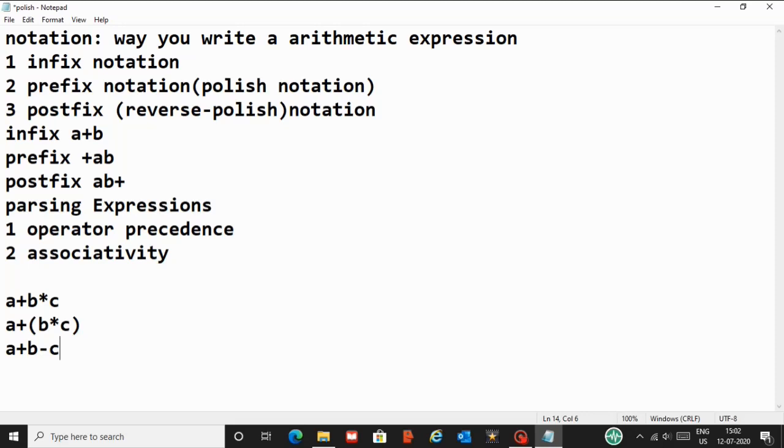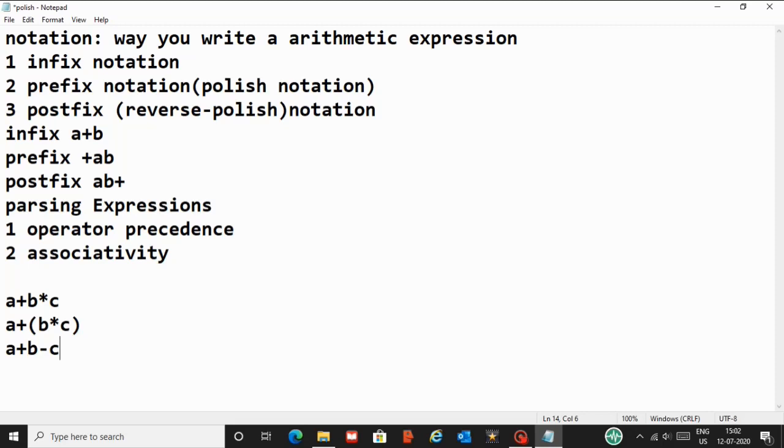How will I determine whether I do B minus C first and add the difference to A, or the sum of A plus B, from which I subtract C? That is where associativity comes into the picture.